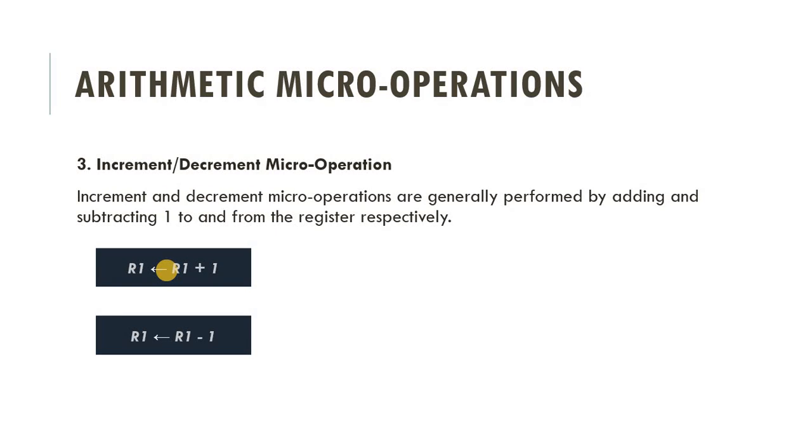The third one is the increment and decrement micro operation. Suppose I want to increment data by 1 or decrement data by 1, for that this type of micro operation is executed. Increment and decrement micro operations are generally performed by adding 1 to and subtracting 1 from the registers respectively, and this is shown as R1 plus 1 and R1 minus 1.